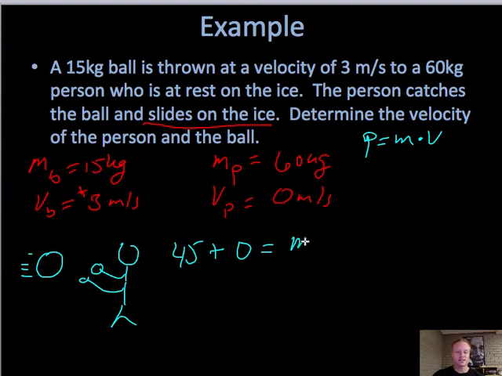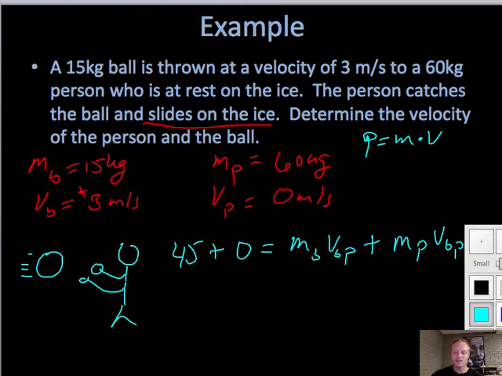Well, that is the mass of the ball times the velocity of the ball and the person. The reason I'm saying velocity of the ball and the person is because it's going to be the same velocity, because he catches the ball, and so they're going to be traveling together as a whole unit now. Plus the mass of the person times the velocity of the ball-person duo.